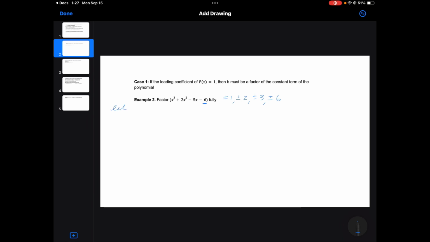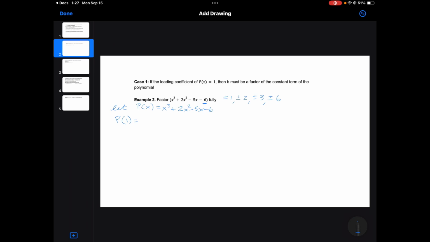And then I'm going to define my polynomial, and then I'm going to start checking to see which one is a factor. So in terms of efficiency, if it's 1 or minus 1, you might be able to do that using mental math. If not, you should be using a calculator because sometimes it takes a long time to find.